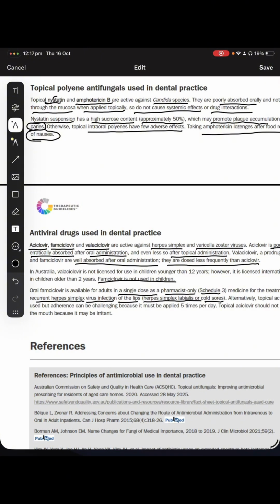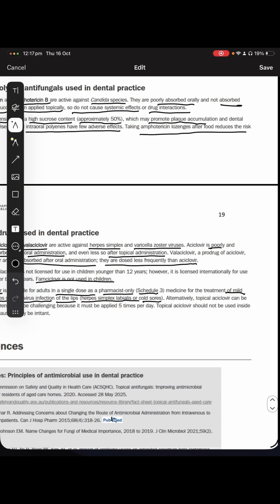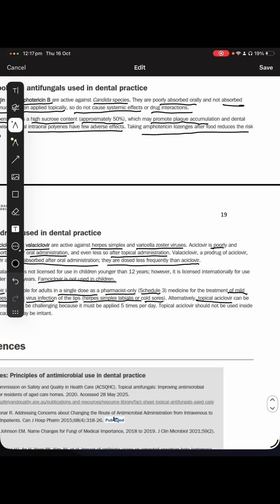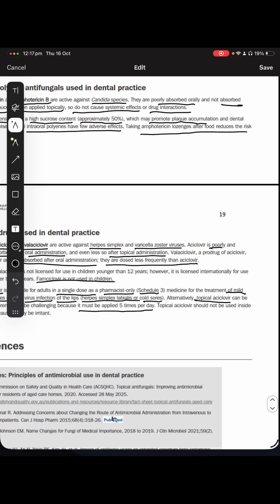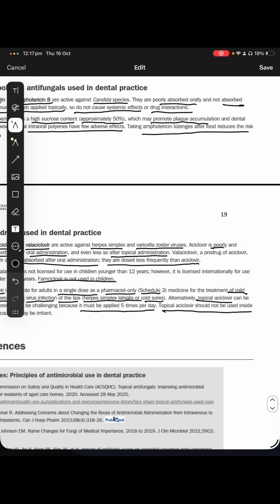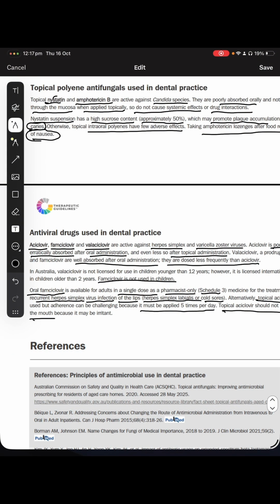So if the patient has recurrent herpes simplex virus infection, oral famciclovir is the drug of choice. Alternatively, topical acyclovir can be used, but adherence can be challenging because it must be applied 5 times per day. Topical acyclovir should not be used inside the mouth because it may be irritant.